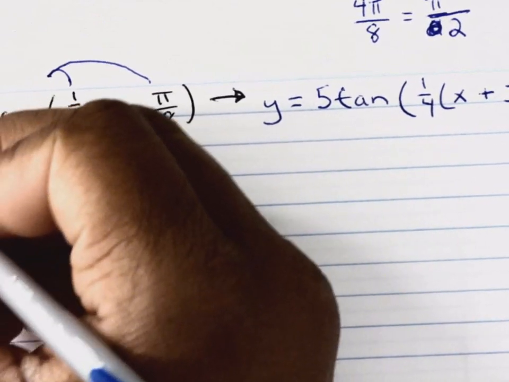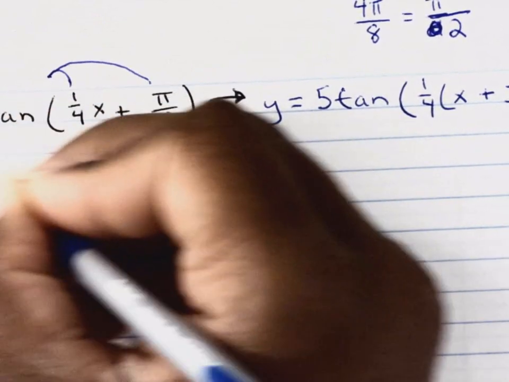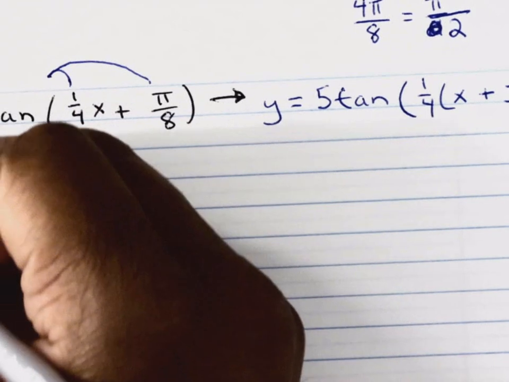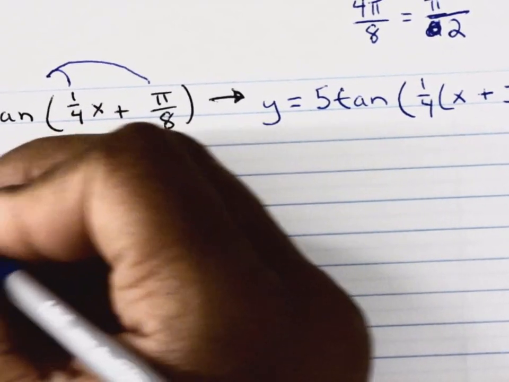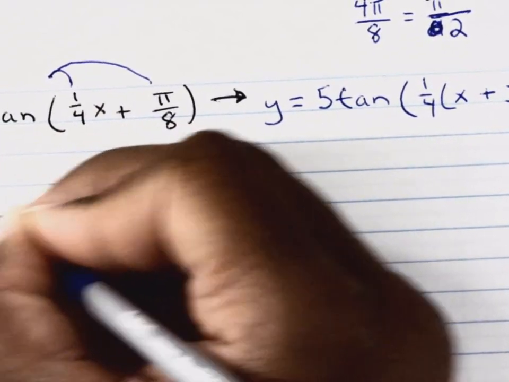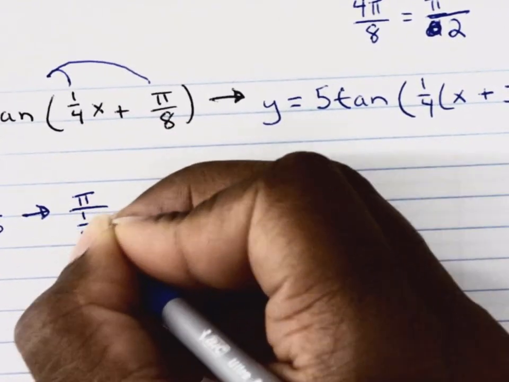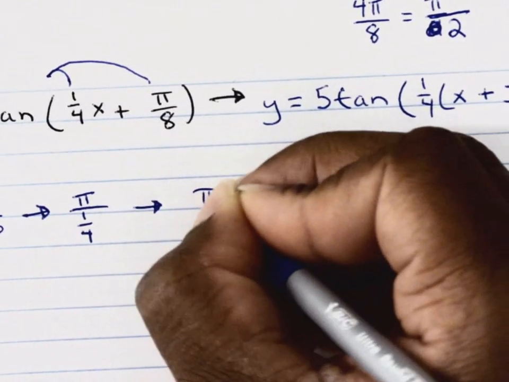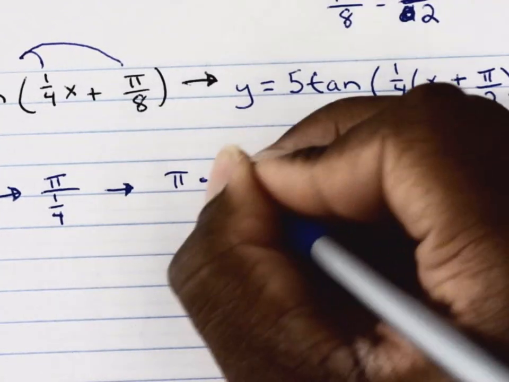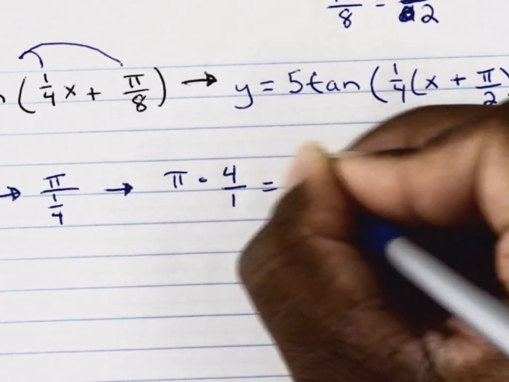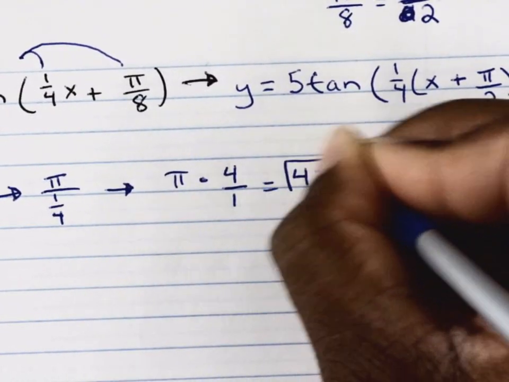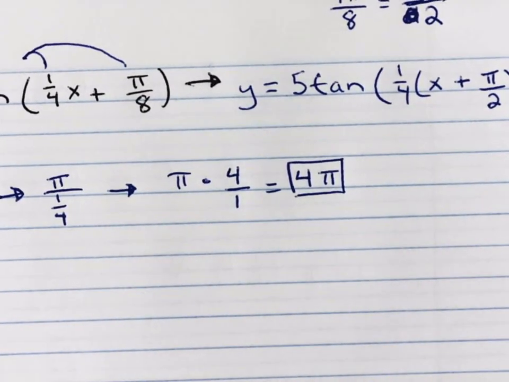So amplitude is 5. For the period of tangent, it's pi over b, which is pi over 1/4. So I'll keep pi. I'll multiply by the reciprocal, which gives me 4 pi as a period.